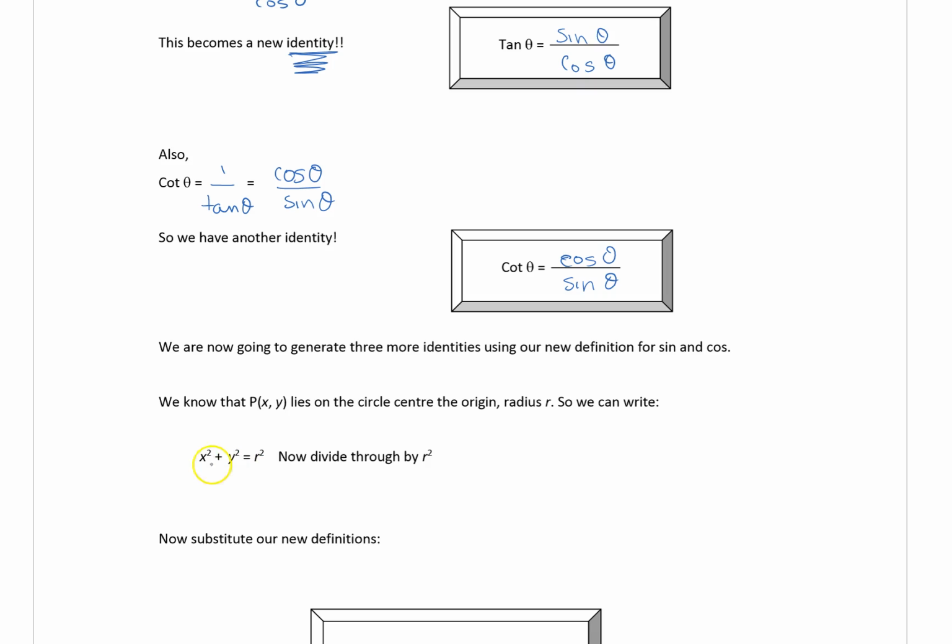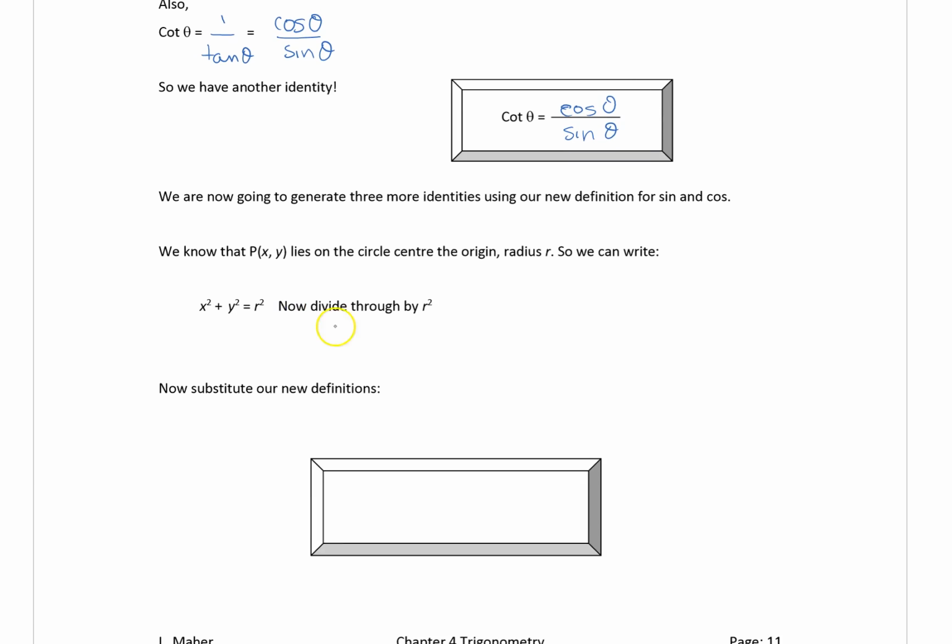Now, we could see that originally we had the circle x squared plus y squared is r squared. If we divide through by r squared, and we have, just before I make the connection to the identity, remember that when we were using the radius as r as opposed to 1, then we had that sine of theta was y on r, and cos of theta was x on r.